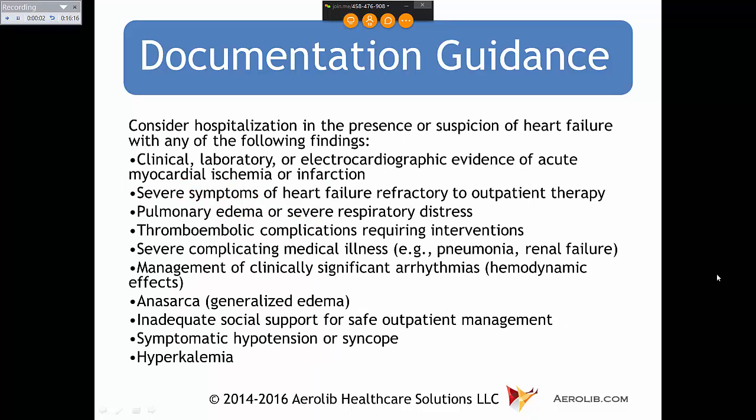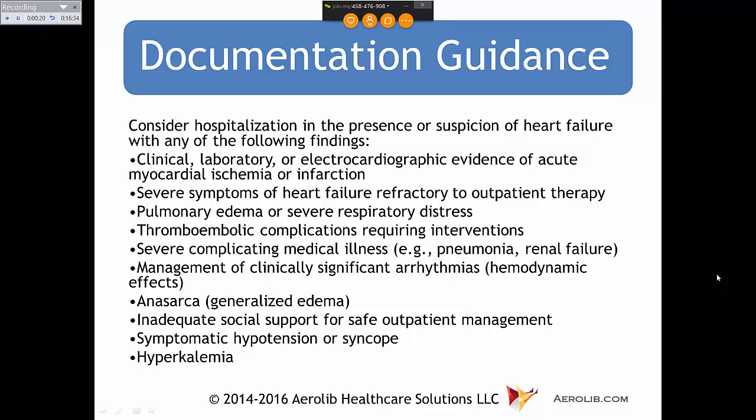So documentation guidance is, consider hospitalization in the presence or suspicion of heart failure with any of the following findings. They could be clinical findings, lab findings, EKG findings of MI or infarction, heart failure refractory to outpatient therapy.